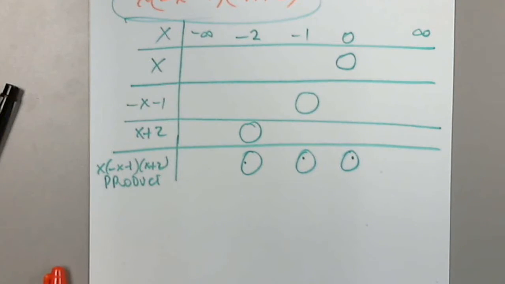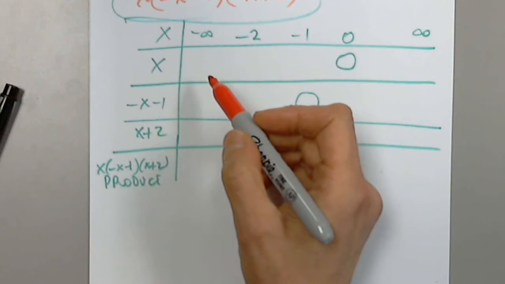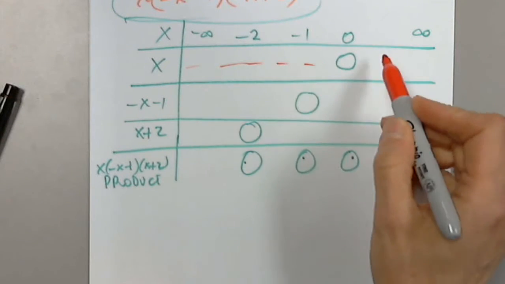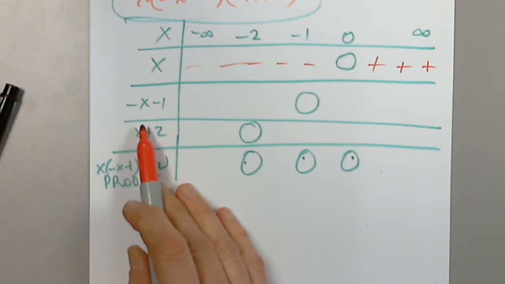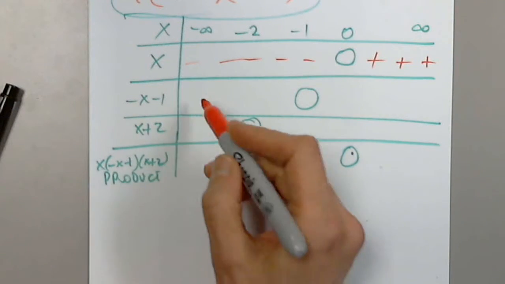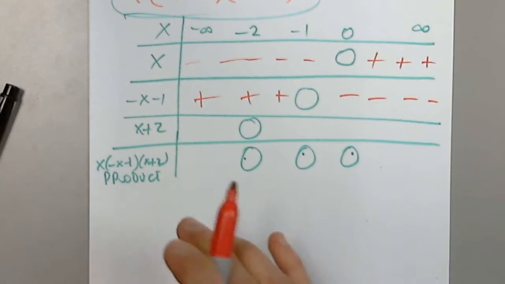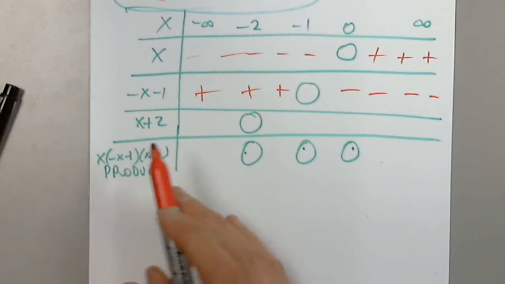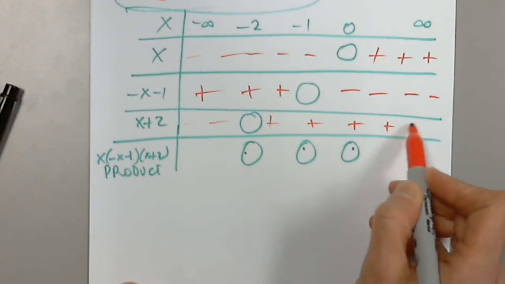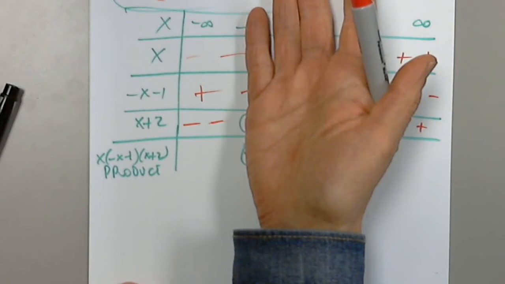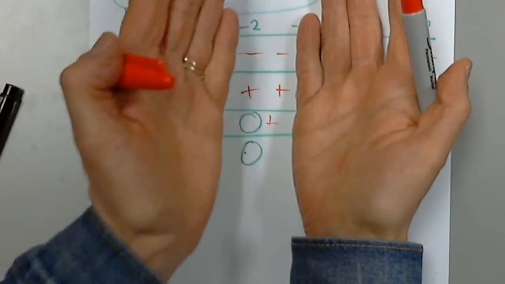Please give me the sequence of signs for x. Very good. Sequence of signs for negative x minus 1. Very good. And the sequence of signs for x plus 2. Very good. First subinterval. Second subinterval.